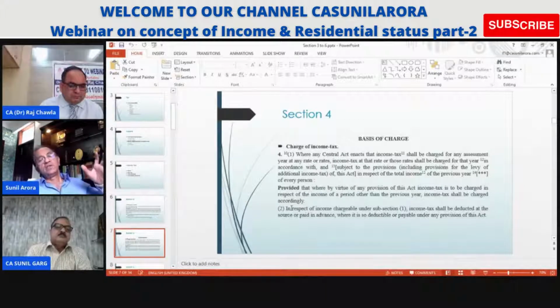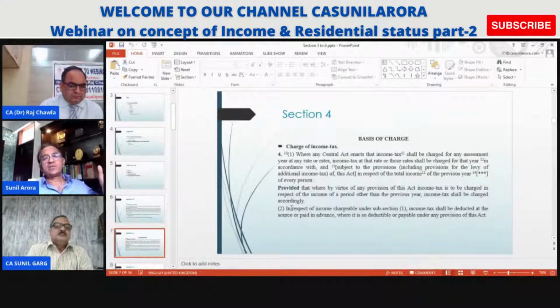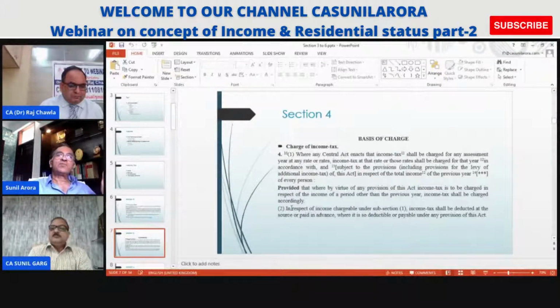First of all, you need to have an authority under the Constitution to levy the tax. Then the authority as per the Constitution has to be legislated in the form of a law. And this law has to have a charging section first. And then based on this charging section, or to supplement it, there has to be a machinery provision to compute this particular charge and to levy it from the subjects from whom it has to be collected.